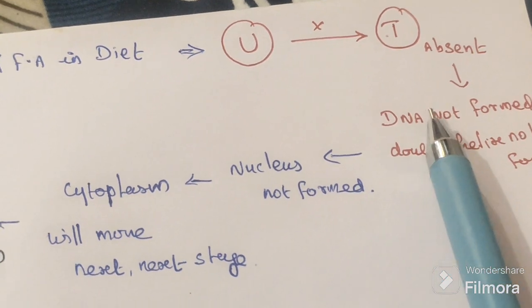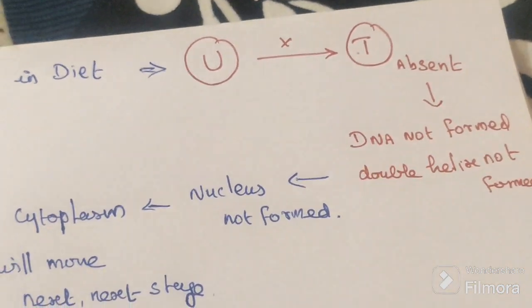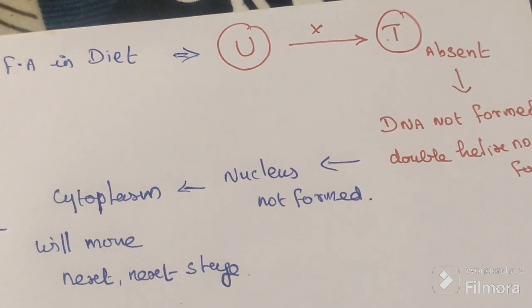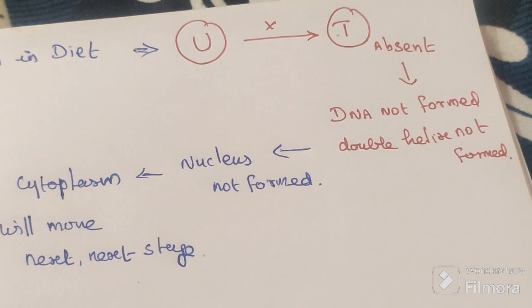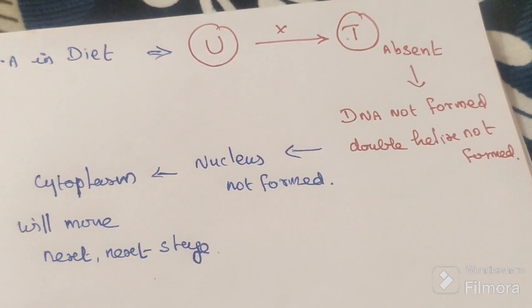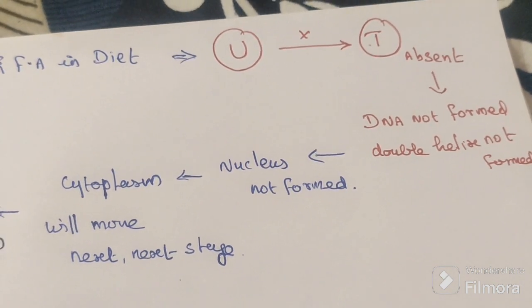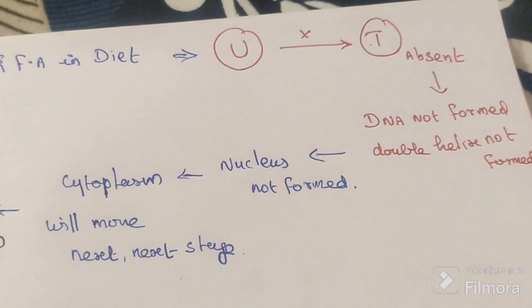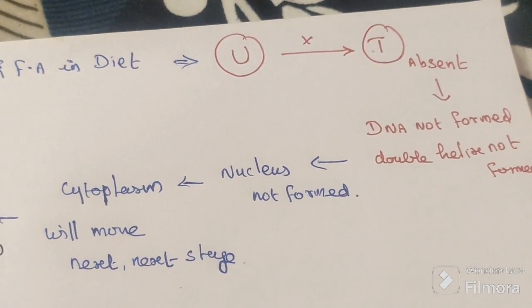The remaining 3, adenine, guanine, cytosine, are present, but thymidine is absent. With thymidine absent, DNA is not formed. The DNA double helix replication does not take place. DNA replication not happening means the nucleus is not formed.